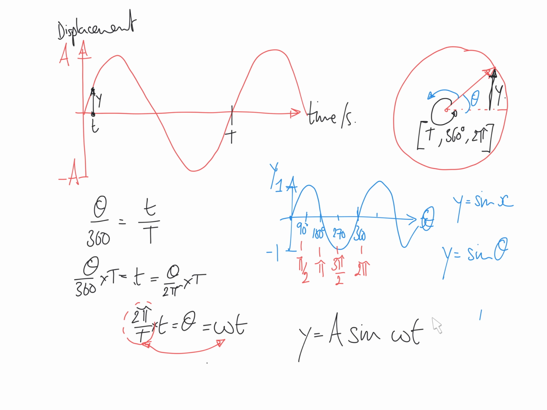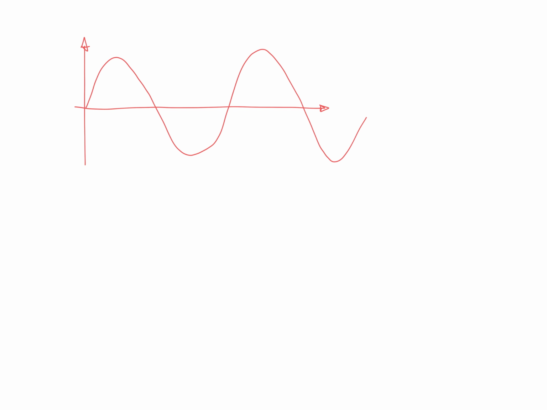Good. The general form of our equation. I'm just going to put a little box around that because we're going to give a few examples in a minute, but not before I've talked about one more thing. Let's imagine I have my wonderful oscillating sinusoidal wave.